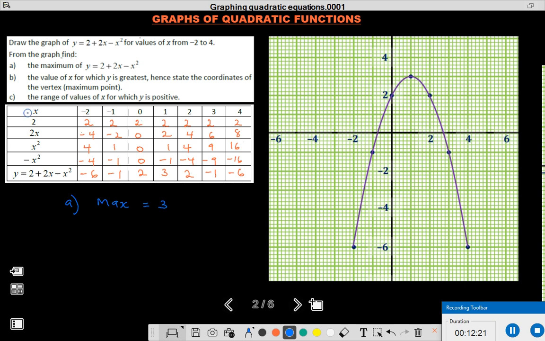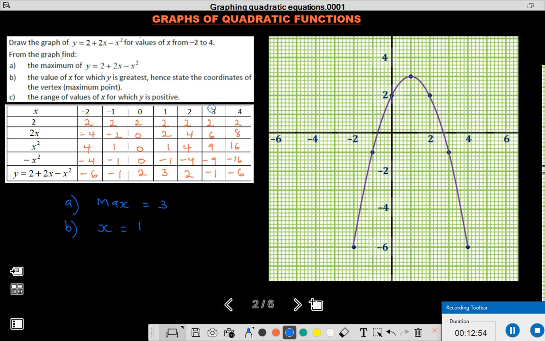Part B. The value of x for which y is greatest. Now, the value of x for which y is greatest, and state the coordinates of the vertex. Now, they want the value of x. Remember, when you read this graph here, this is 0, 2, 4, 6, meaning that in between here we have 1. So the value of x is 1.